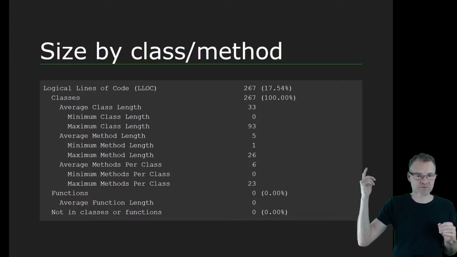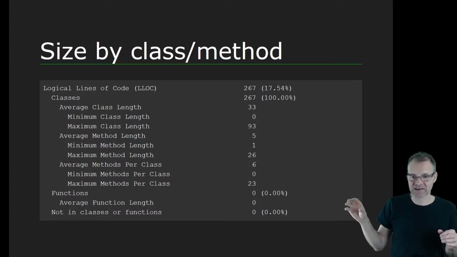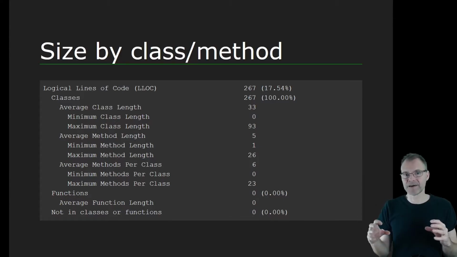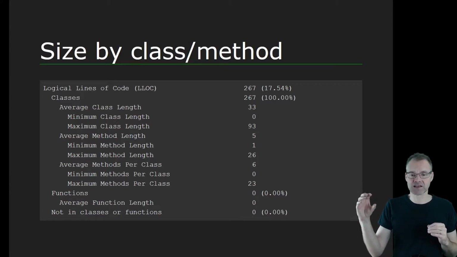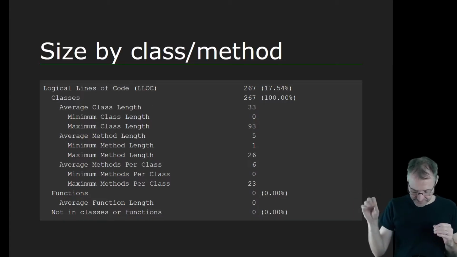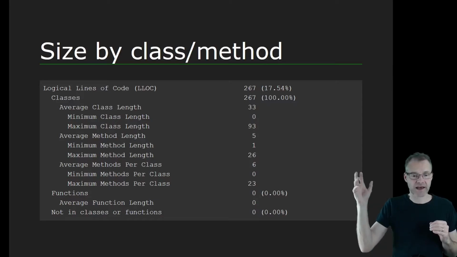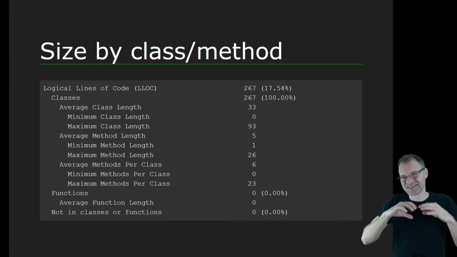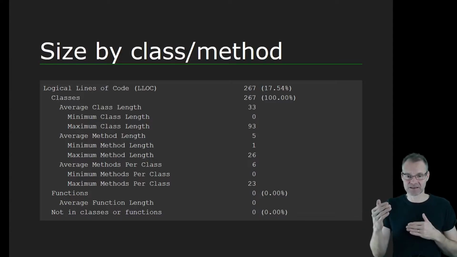And we see here a bit more, average method length, 5 lines of code. So we have rather small methods in here, only 5 lines of code as an average. And the maximum method length is 26 lines of code. Yeah, maybe that's a bit big, but it's not huge.